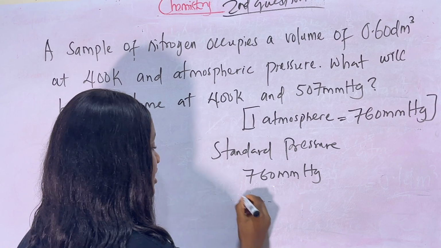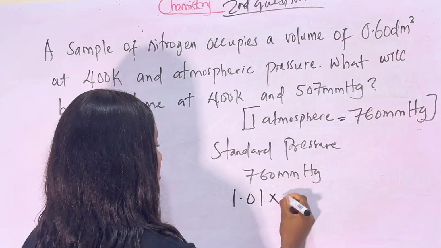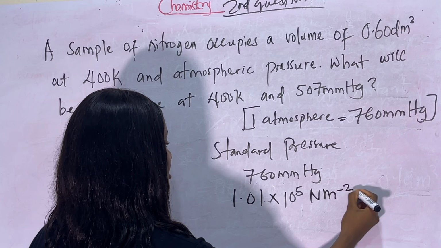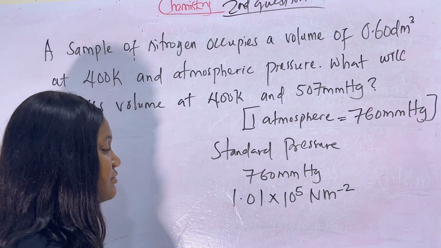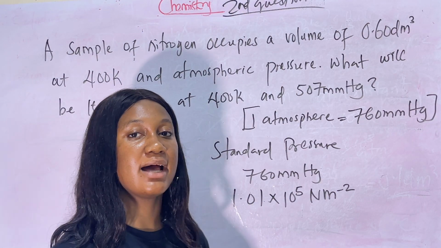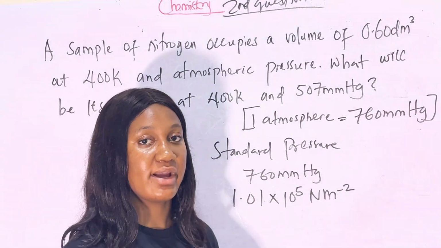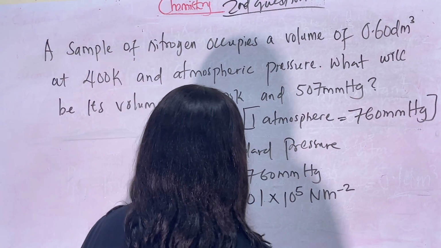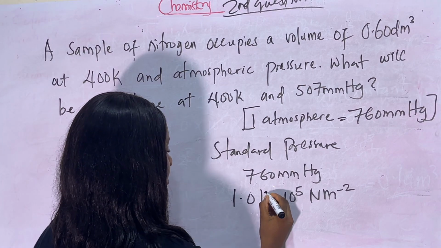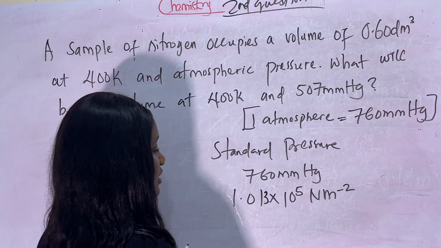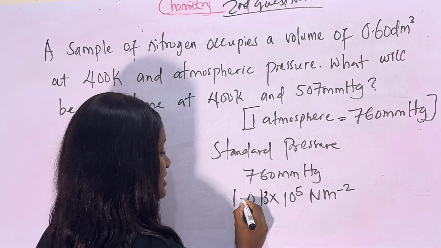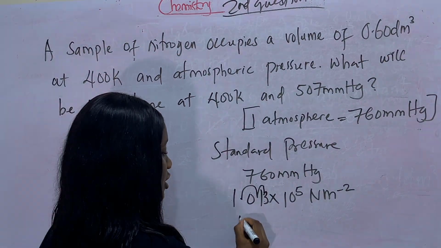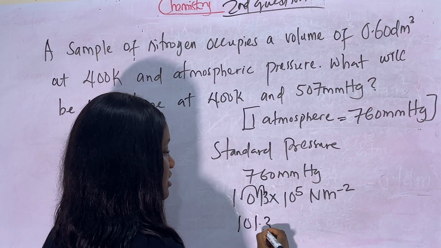In Newton per meter square, it is 1.01 times 10 raised to the power of 5 Newton per meter square. From this value, we got our kilonewton per meter square. How did we do that? Now look at this. What happened here is that this decimal point moves 1, 2, giving 101.3.